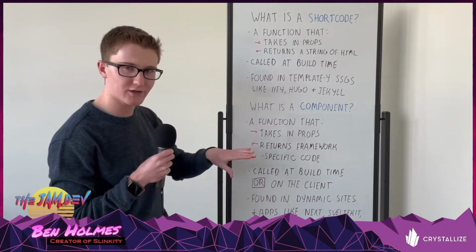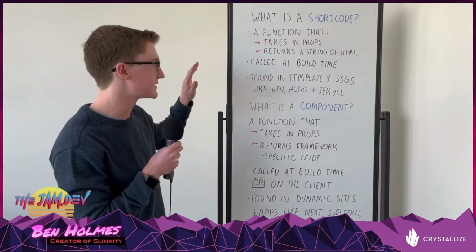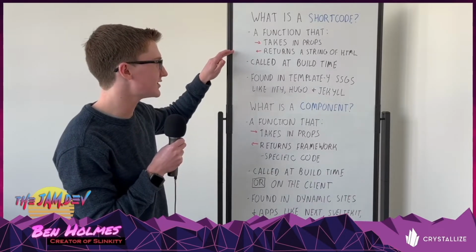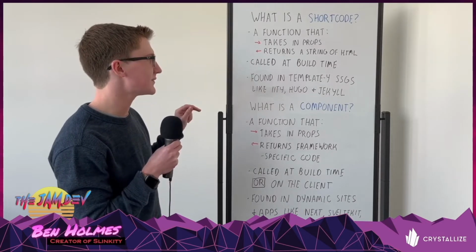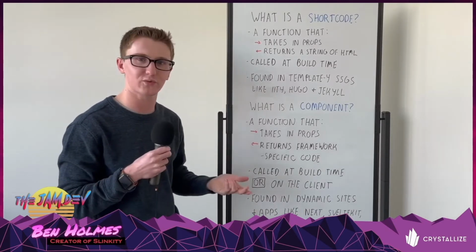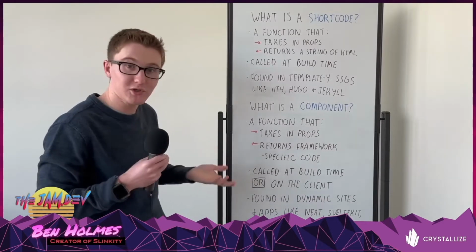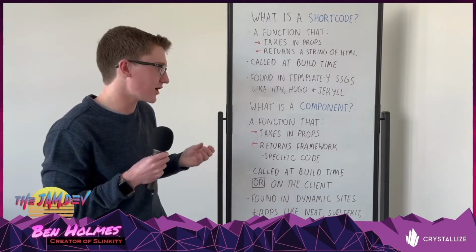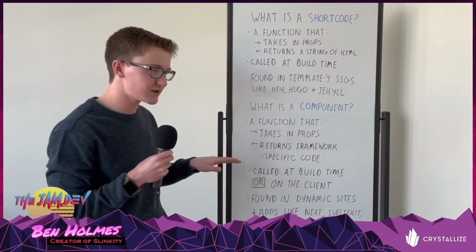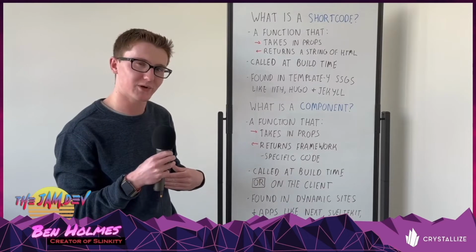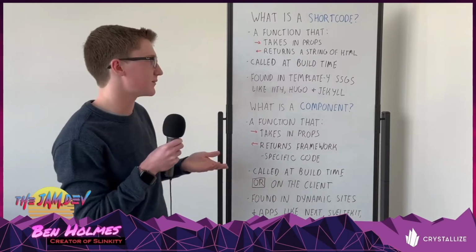But in this narrative of components, I would argue that a key benefit of shortcodes has been lost. And that's that they return a generic string of HTML at build time. This means shortcodes could solve universal problems that components aren't solving across the board, like an image component, for example. If I want to optimize images and put a picture element on my page using components, I have to have a React image component, a Vue image component, a Svelte image component, different frameworks for the same thing.